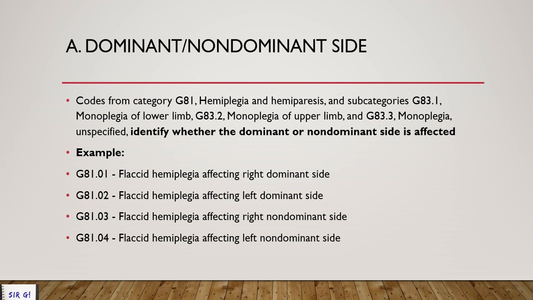Remember guys, the codes are differentiated depending on whether it's the dominant or non-dominant side of the patient. I have an example here. As I mentioned in the guideline, category G81, for example G81.01, flaccid hemiplegia affecting the right dominant side.